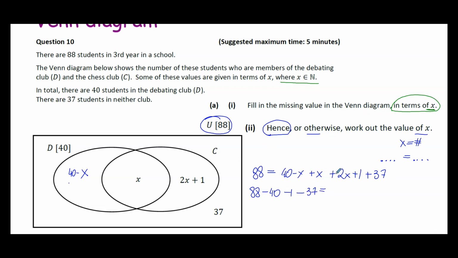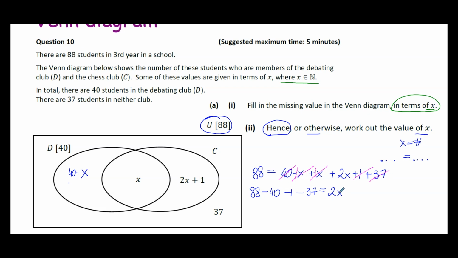Then on this side of the equation, all those numbers will be gone. I am left now with minus 1x plus 1x. Well, together they will be 0x. So now I am only left with 2x on this side of the equation. Now you are wondering, can we not add 40, 1 and 37 on this side? Of course we can. I'm just showing you how numbers move around.